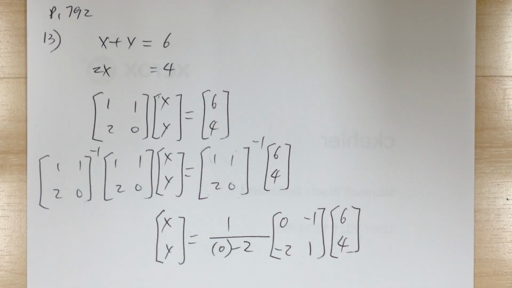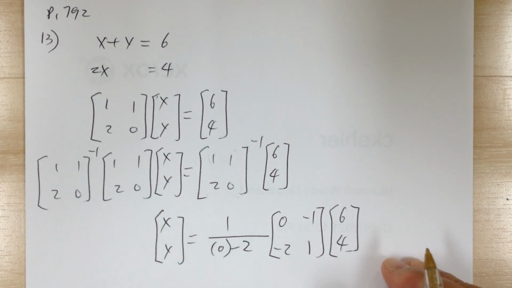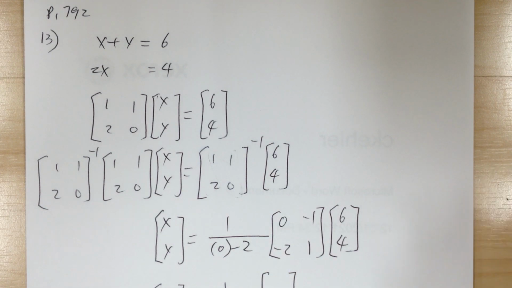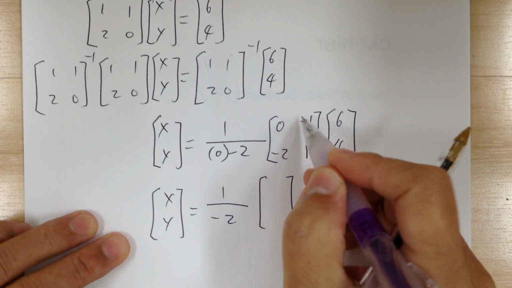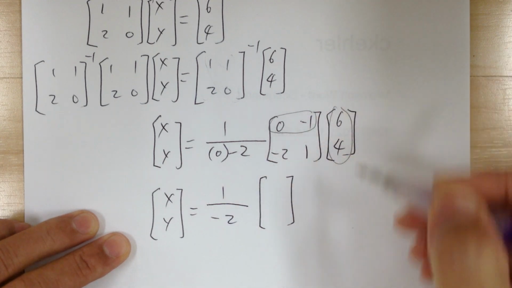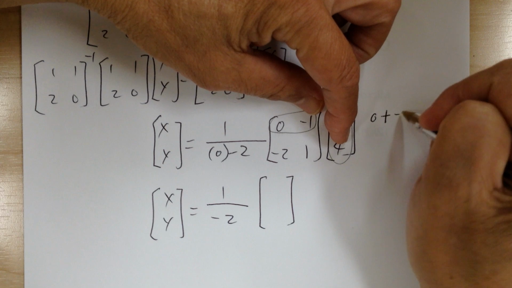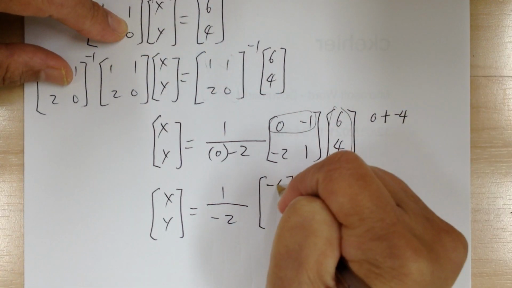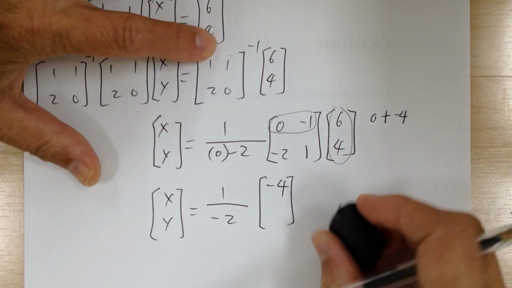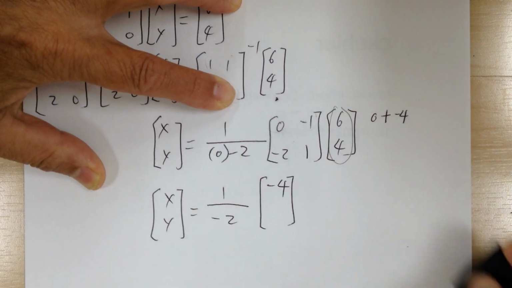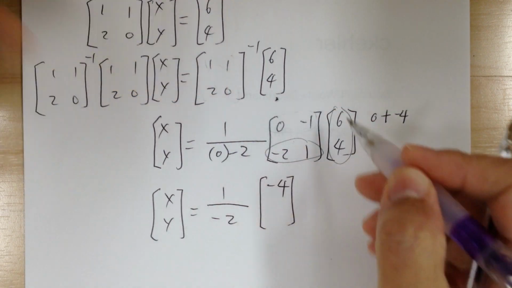Then after that, we need to multiply these things out. Again, to multiply, use the first row, first column. When I multiply, I get 0 plus negative 4, so this will give me negative 4. After I'm done with the first row, I'm going to do the second row.